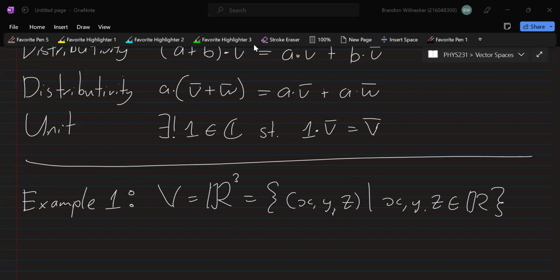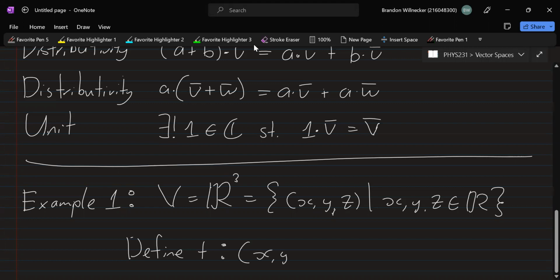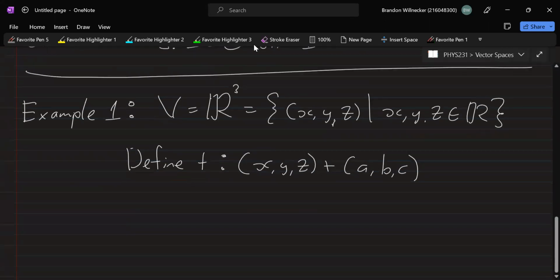To turn it into a vector space, we need to define the addition and the scalar multiplication. So we define the addition. Let's take 2 elements and show what happens when we add them. If we take the element (x, y, z) plus the element (a, b, c), how should we add these together?